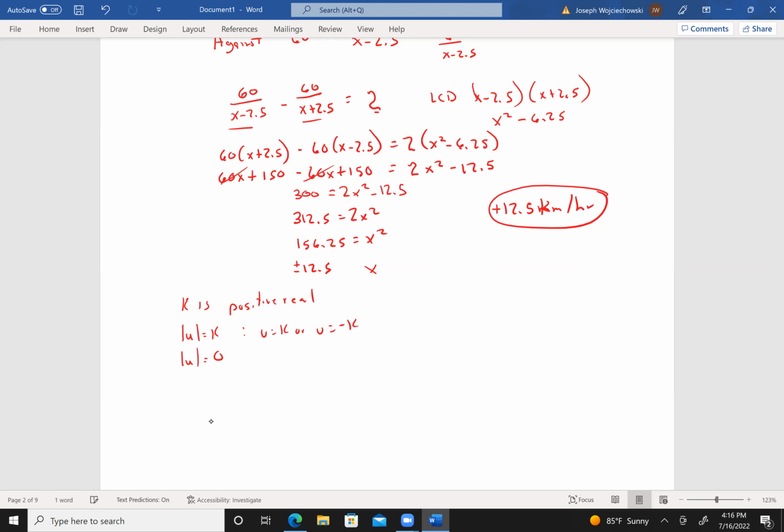Absolute value of u equals 0 means that u equals 0. Absolute value of u equals negative k has no solution. You always get a positive outside the absolute value. And the last thing to keep in mind is absolute value of u equals absolute value of w means u equals w or u equals negative w.